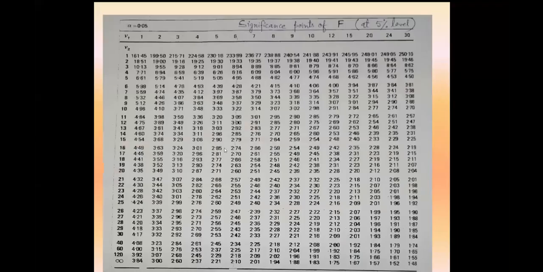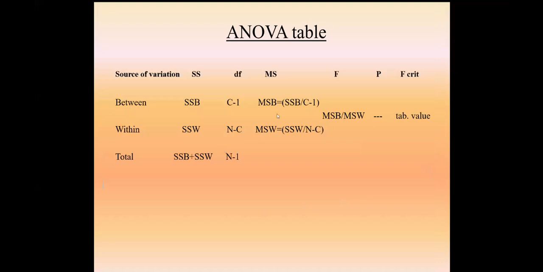Now, let us see how the degree of freedom will be calculated. The degree of freedom is C minus 1, that is columns minus 1, for SSB. If there are C columns, then C minus 1 will be the degree of freedom for SSB.